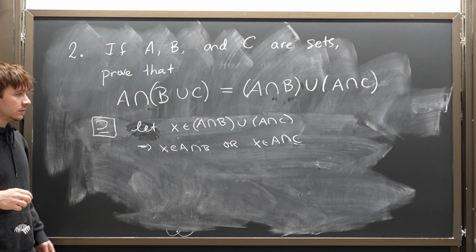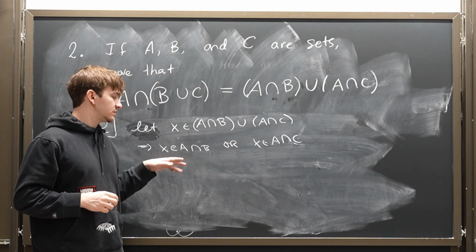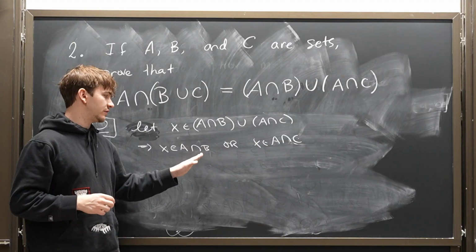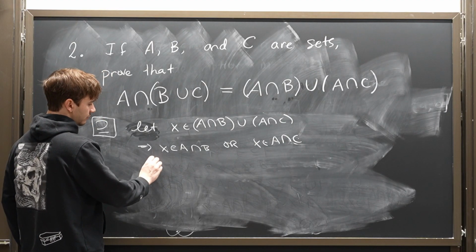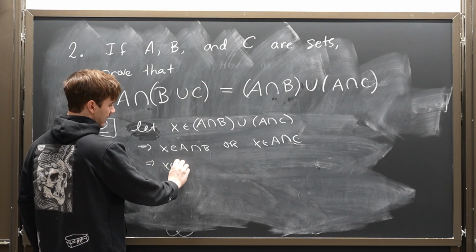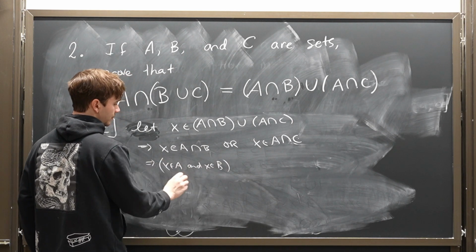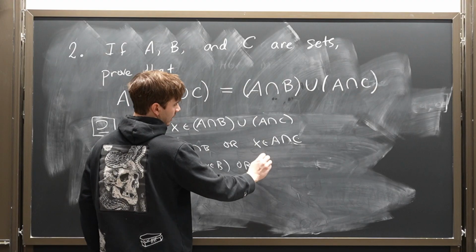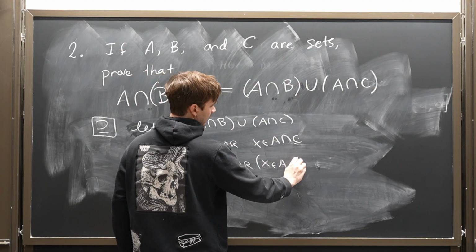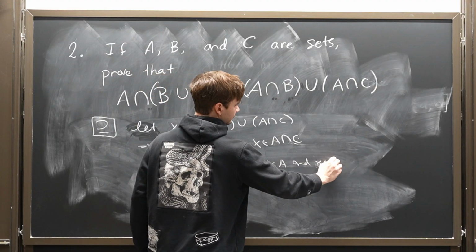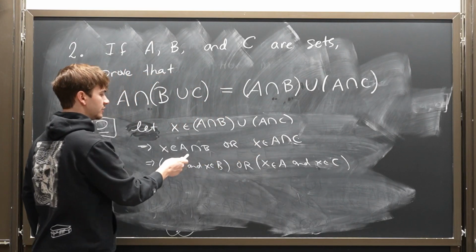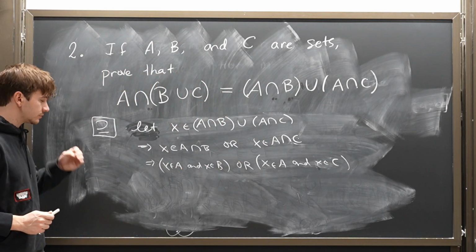Okay? So in either of these two cases, x belongs to A by definition. I guess we could unpack this a little bit more. x is in A and x is in B, or x is in A and x is in C, again by the definition of the intersection symbol.